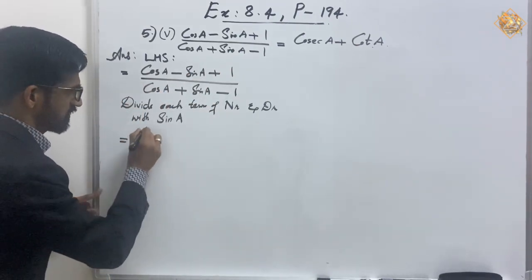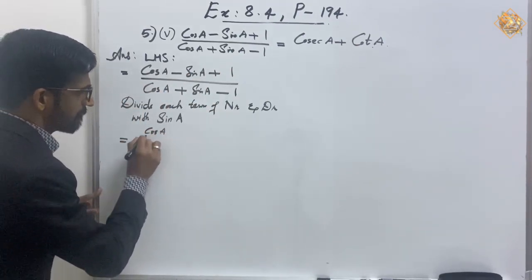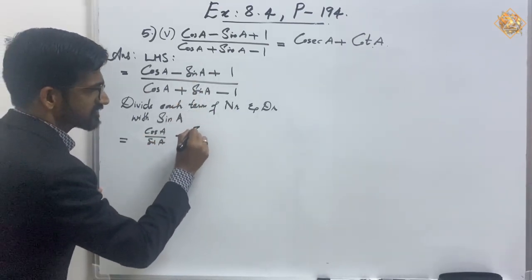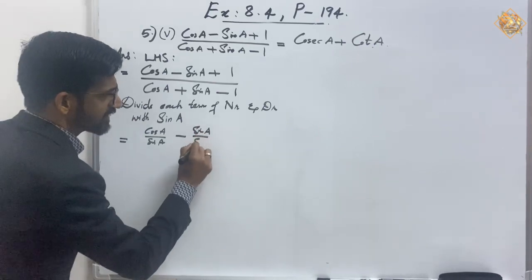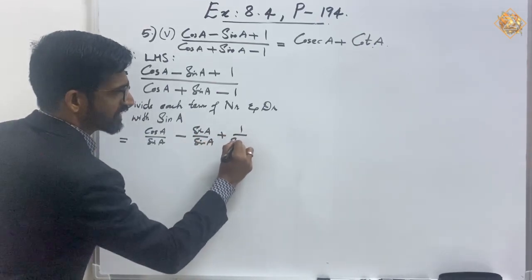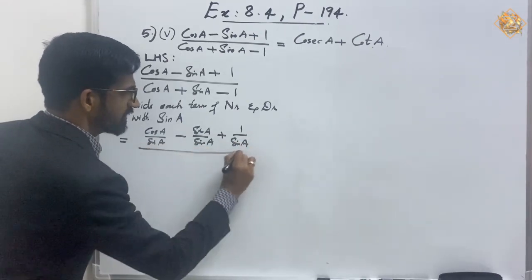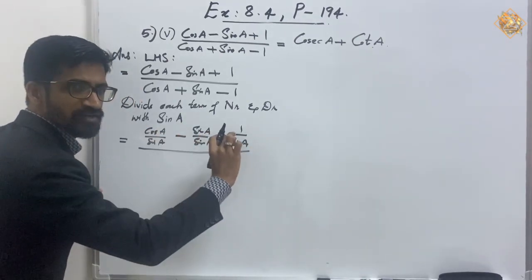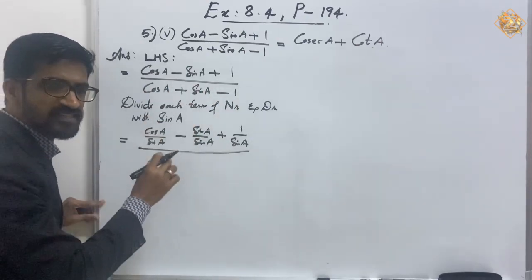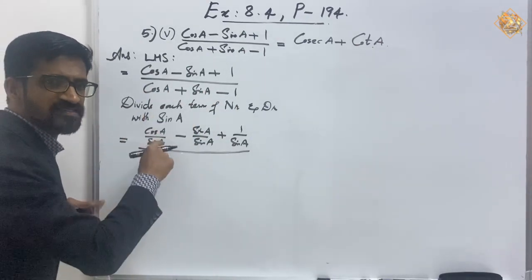So what we will get, cos A by sin A minus sin A by sin A plus 1 by sin A. All the terms of the numerator we divided with sin A. Similarly, in the denominator also we are going to divide with sin A. Why we are dividing with sin A?